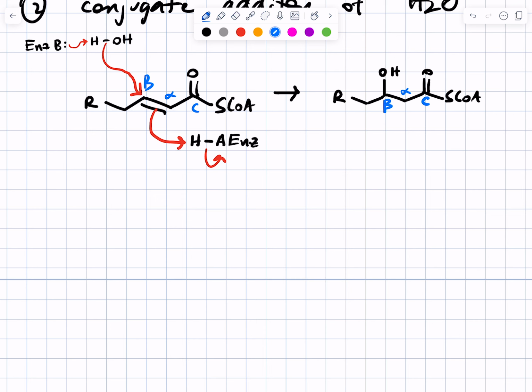So we've converted our alpha beta unsaturated thioester into a beta hydroxy carbonyl compound. And we've now got an oxygen on the beta carbon. This is another reason why we call this beta oxidation. Now, if you look at the beta hydroxycarbonyl compound, it should look somewhat familiar because that's a product of what kind of reaction that we learned this semester?